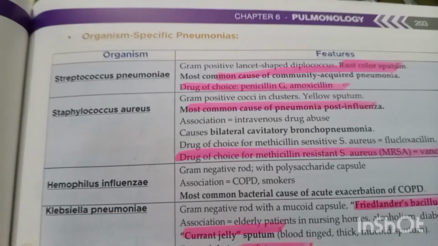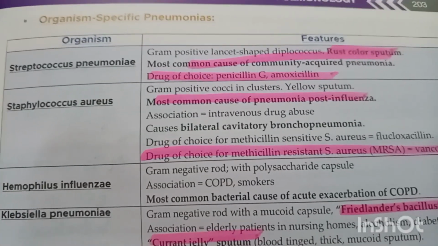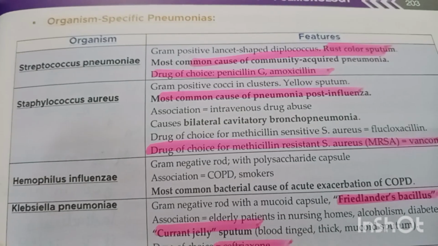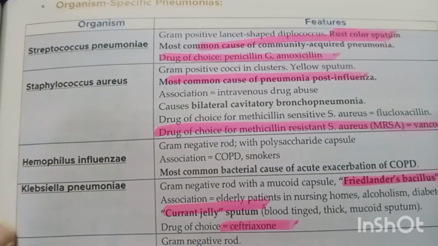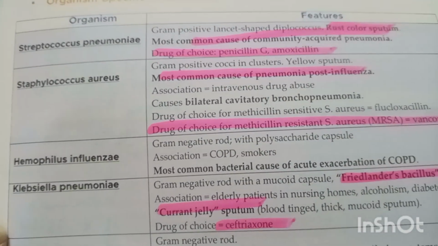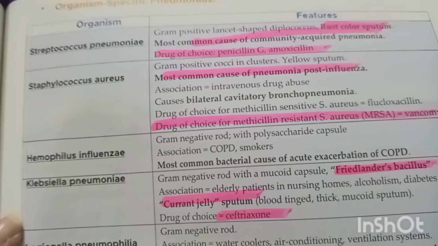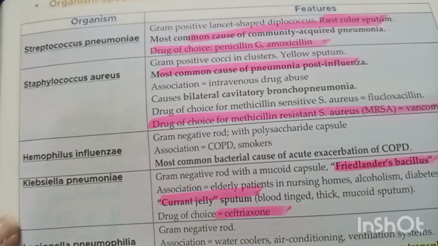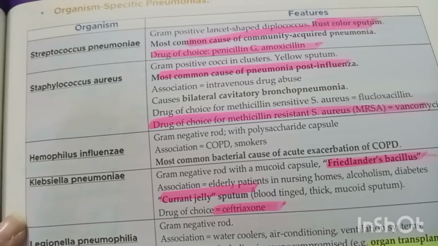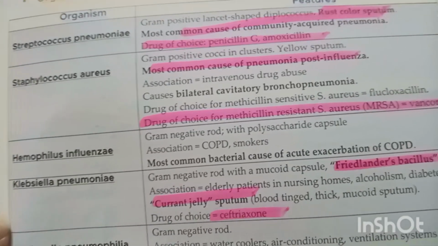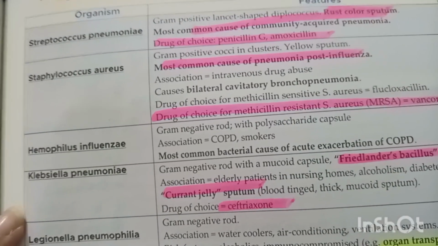So here you can see the organisms and the features. In Strep pneumonia, we see rusty colored sputum, and this is the most common cause of community acquired pneumonia, and the drug of choice here is penicillin. And Staph aureus is basically a superadded infection. If you have influenza pneumonia, you have the tendency of super infections, and Staph aureus infects you, and you end up with pneumatoceles in the lungs, which may burst, and you might suffer from pneumothorax.